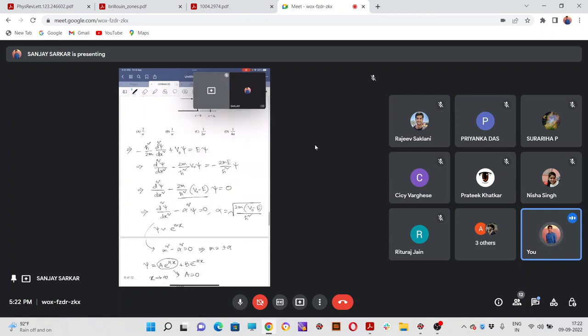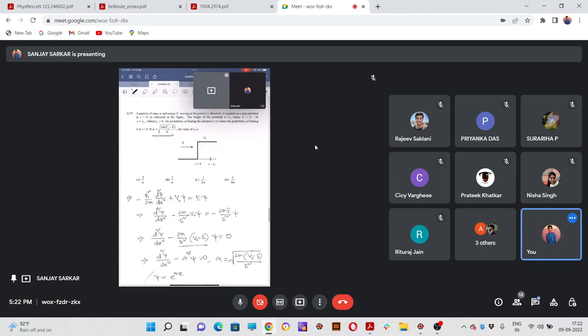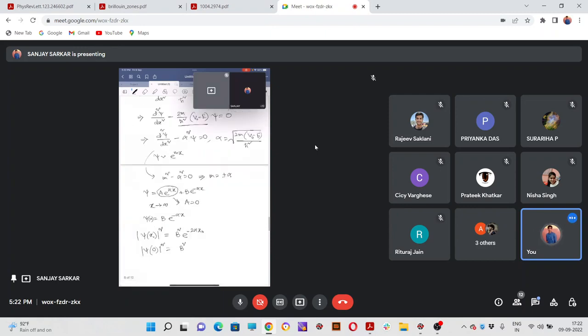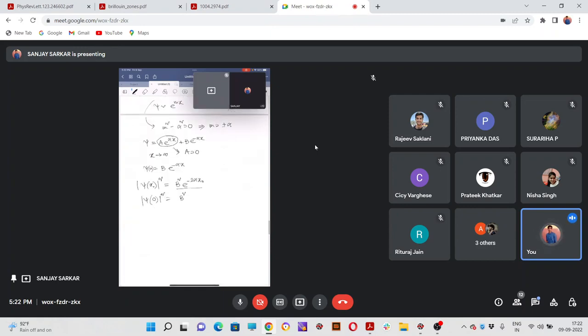The condition is that at x equal to x0 the probability of finding the electron is 1 by e times the probability of finding it at x equal to 0. So b square e to the power minus 2 alpha x naught is equal to 1 by e times b square.